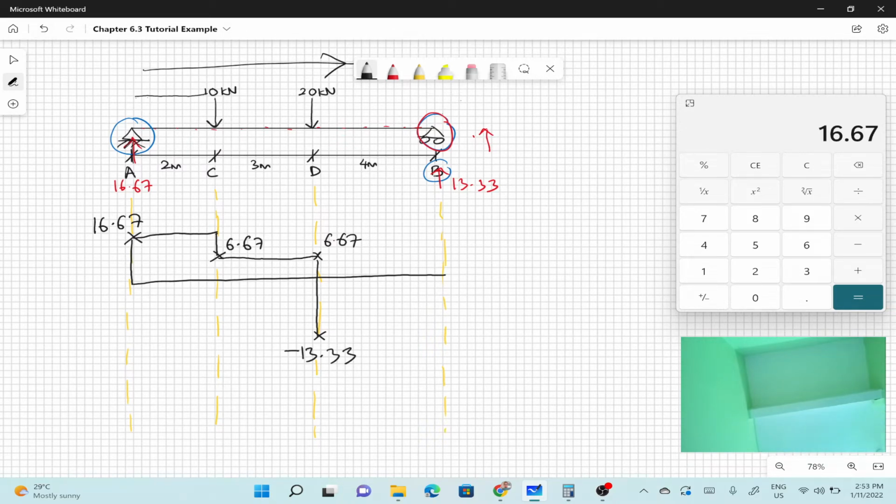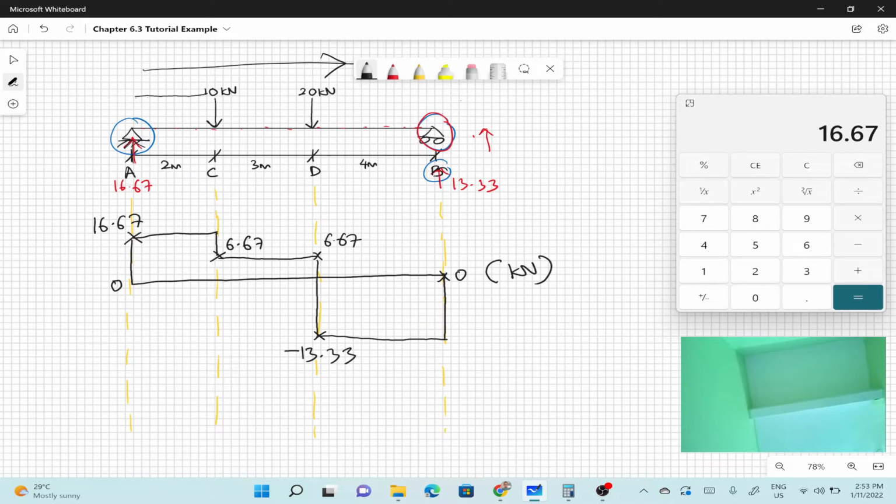And then you keep going from D to B, and there is nothing, no toll whatsoever. But once you reach B, you get some money, 13.33. So negative 13.33 plus 13.33 is going to be 0. So this is 0.0, this is 0.0. And that is our shear force diagram. But make sure you put down the unit.